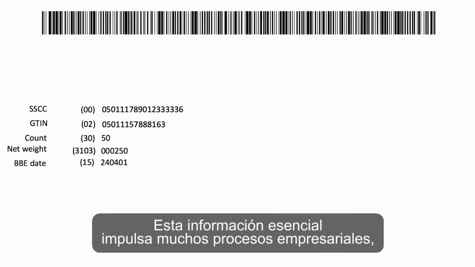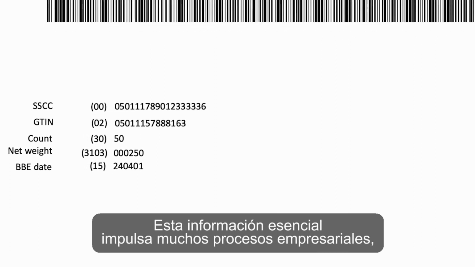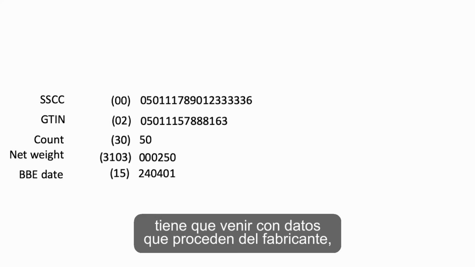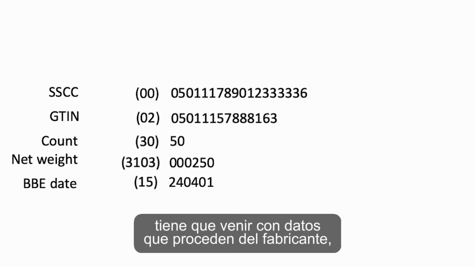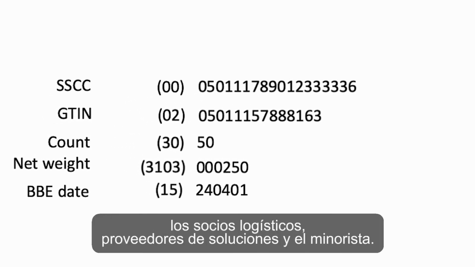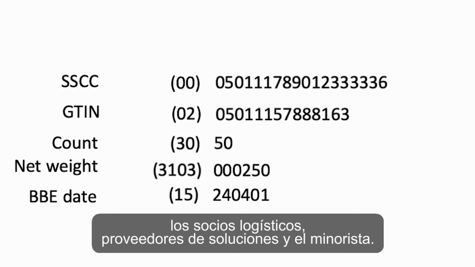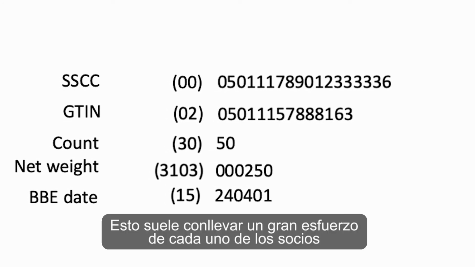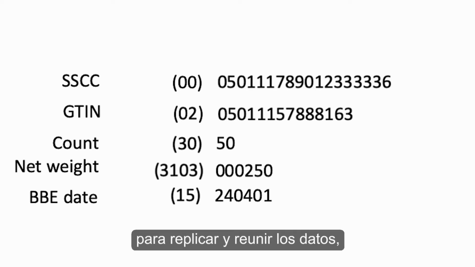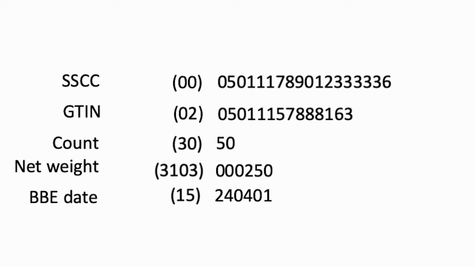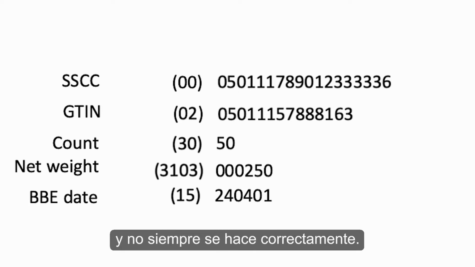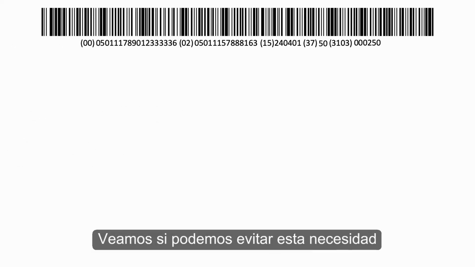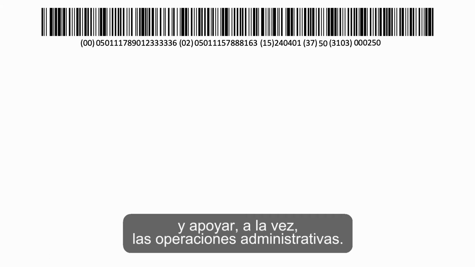This crucial information is what drives many business processes, but to do so, it has to be coupled with data that originates with the manufacturer, logistics partners, solution providers, and the retailer. And that typically means a lot of effort needs to be spent by each partner to duplicate and aggregate the data, not always successfully.